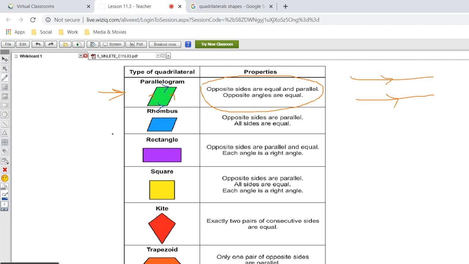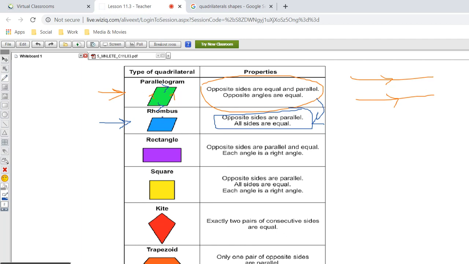Okay, what about the next one? The next one is rhombus. Rhombus means opposite sides are parallel and all sides are equal. So we have the same property as in parallelogram, but we add to it that all sides are equal in length.